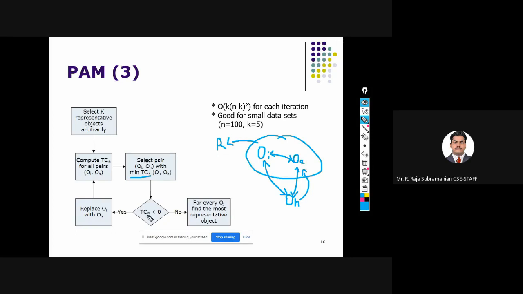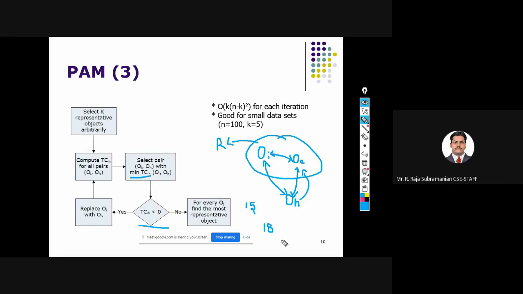And I'll be calculating the difference of TC, the total cost. Say for the previous node the total cost is 15, and for a newly entered point, say OH1, it gives 15. For OH2, assume the cost is 18.